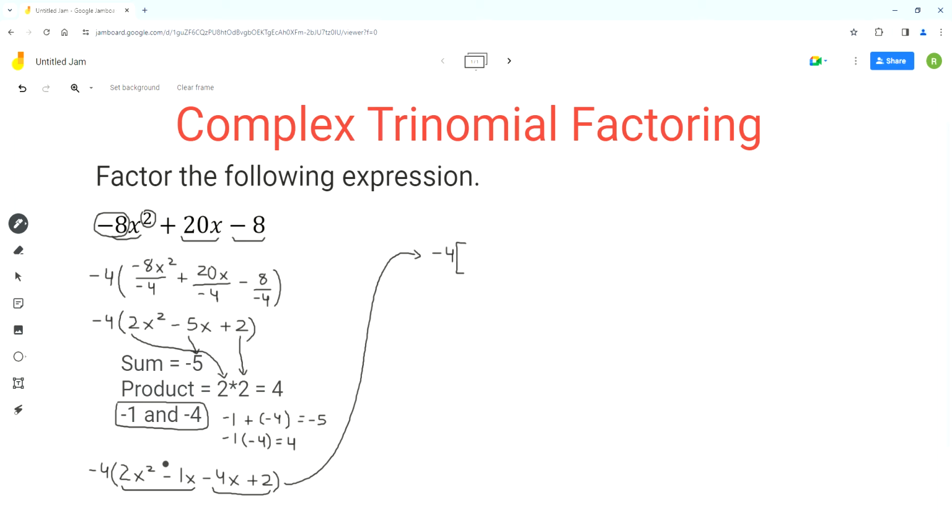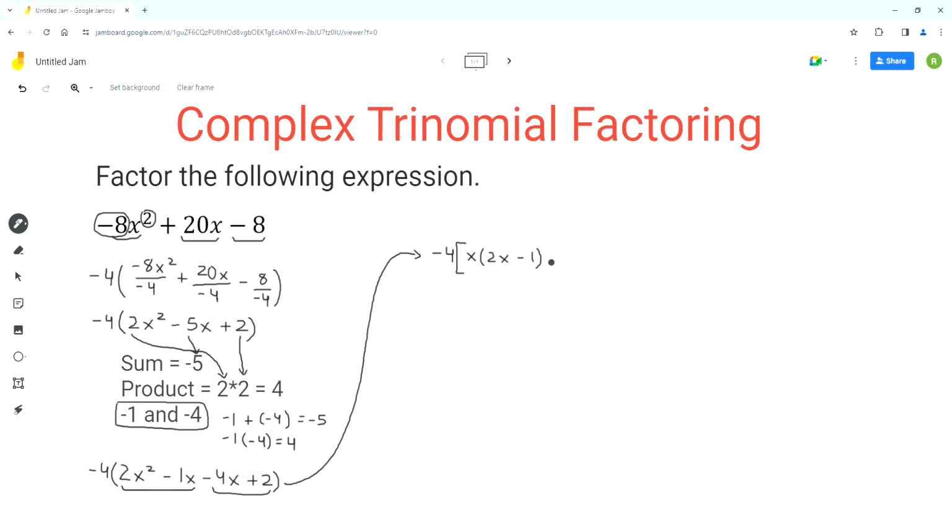From the first pair we can factor out an x. And now we'll write in the parentheses what's left over. So from the first pair we'll be left with 2x minus 1. And then close the parentheses. Now from the second pair we can factor out a -2. We factor out the negative sign because the first term in that second pair is a negative term.